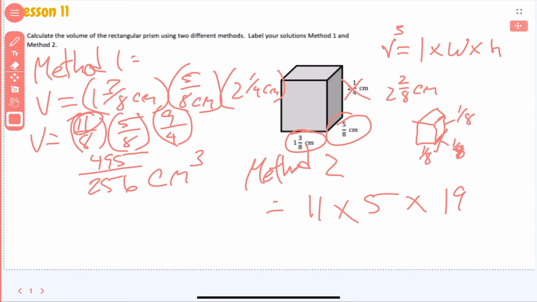So now then, if we multiply all those together, what do we get? 11 times 5 times 18.